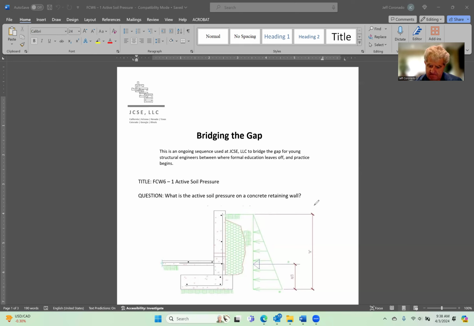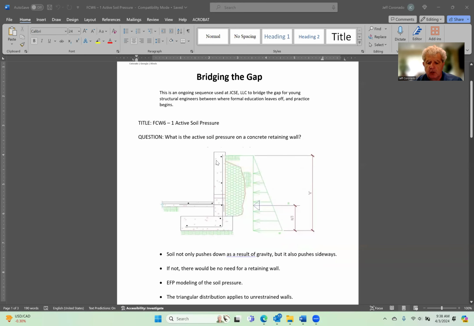So in a situation like this, soil not only pushes down, as would be intuitive. Soil has weight to it, so clearly there is a downward push. All of this soil, sorry, wrong way. No, gravity does not go up.